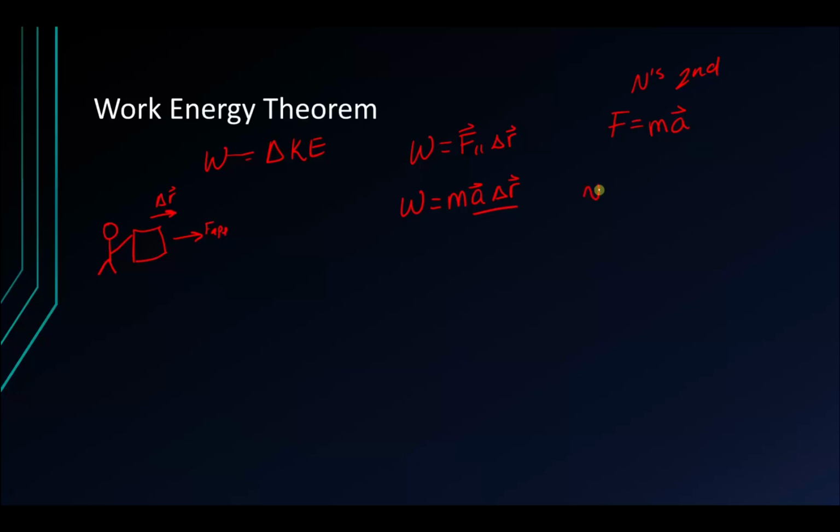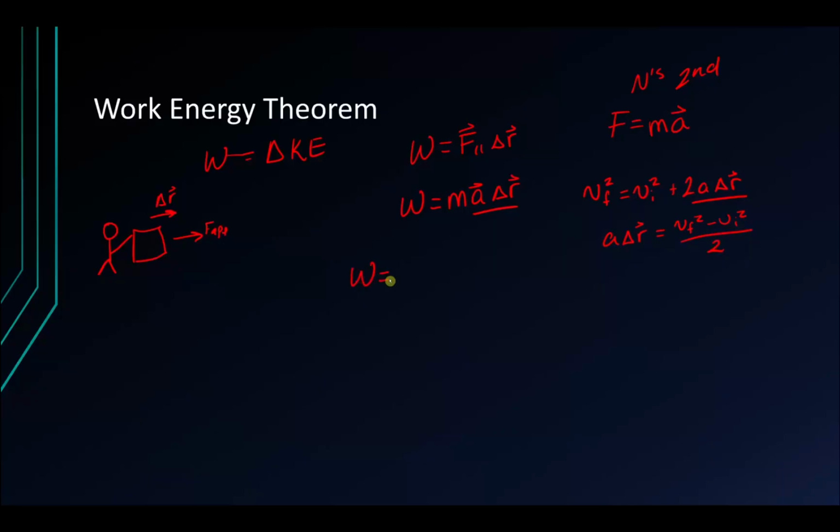So we have this kinematic equation, right? The final velocity squared is equal to our initial velocity squared plus 2a delta r. Well, look, I have acceleration times a change in position. I have acceleration times a change in position. So I can use this to connect work to the velocity of the object. So rearranging this kinematic equation, I get acceleration times change in position equals velocity final squared minus velocity initial squared, divided by 2.